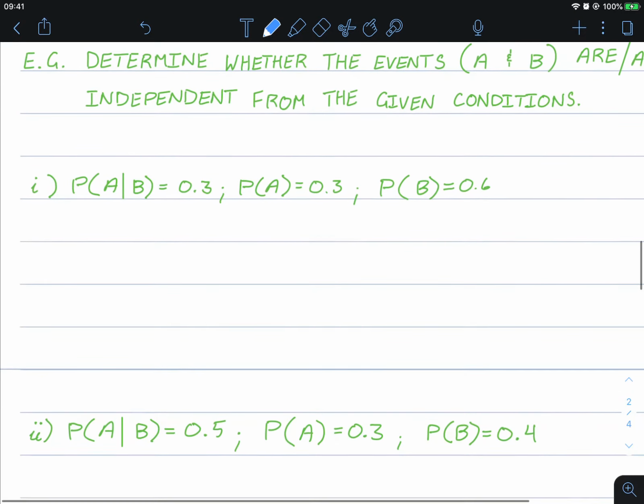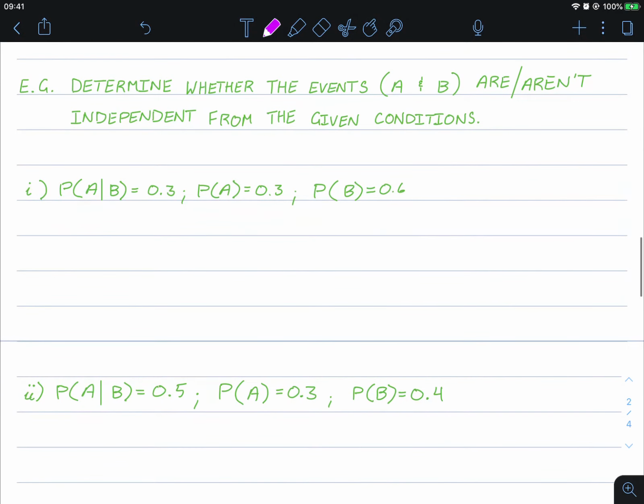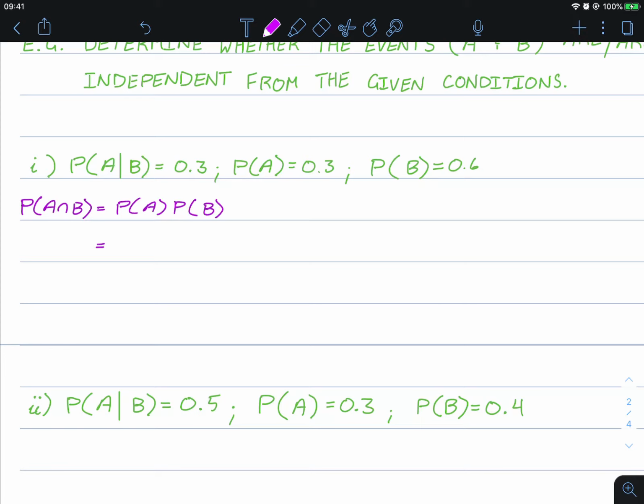Let's consider this. Now to solve this, we need to remember what we are looking for. What we're looking for is if A and B are independent, the probability of A intersect B is just the probability of A times the probability of B. That's 0.3 times 0.6.